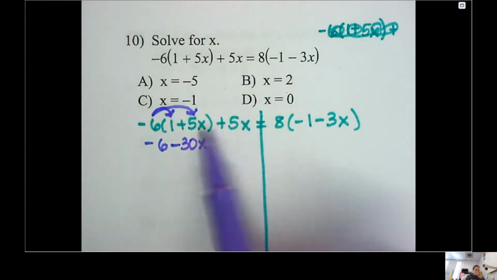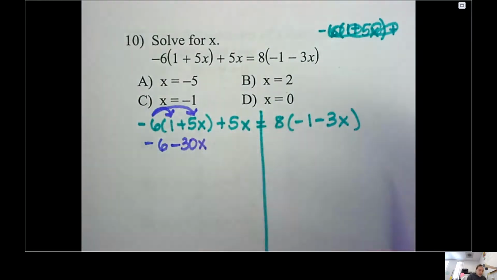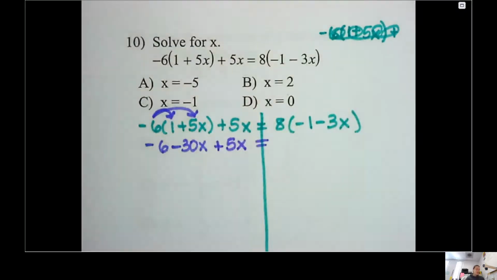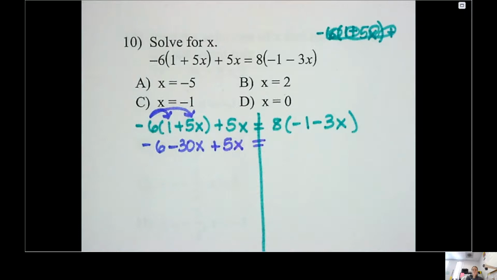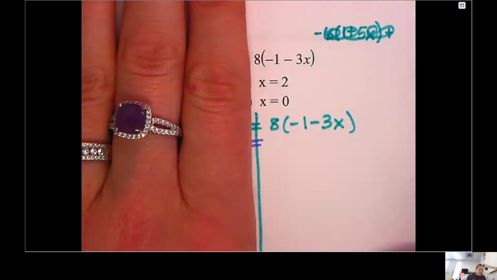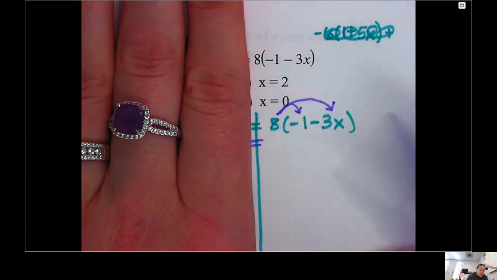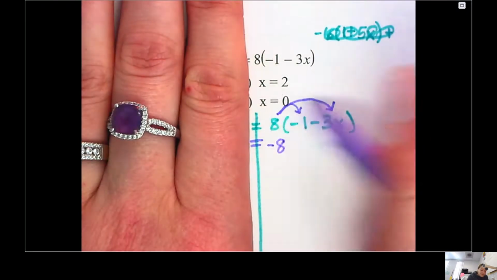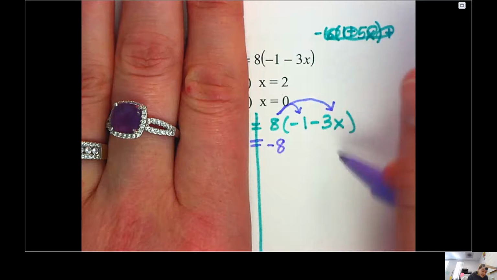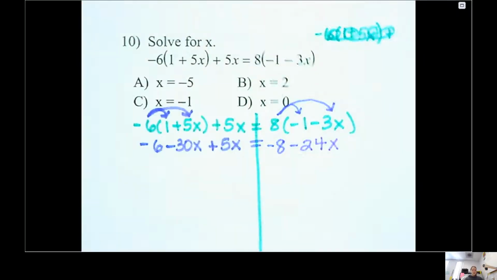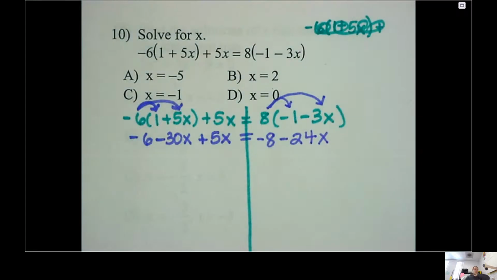And then the 5x, this other one, is not inside the parentheses, so I just bring it down. Okay, so there's my left side of the equation. Now I'm going to go to the right and do the same thing. I'm going to ignore this side and just look at the right. Again, I've got a number in front of the parentheses, so I'm going to distribute. 8 times -1 is -8, and 8 times -3x is -24x. Okay, so I've got my parentheses, I'm done there.